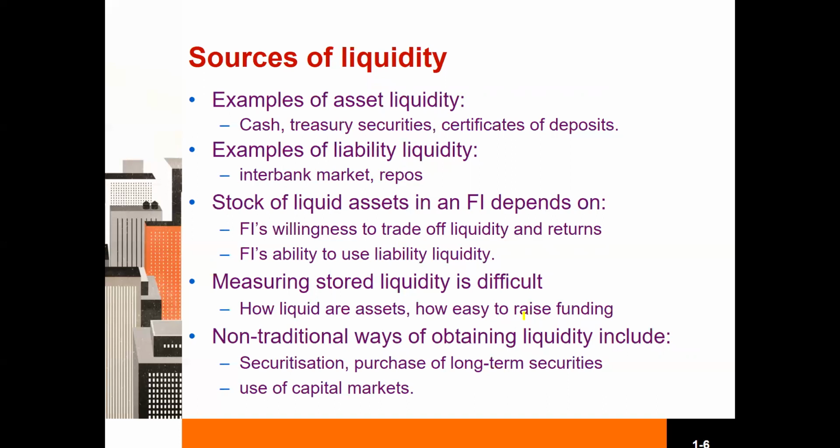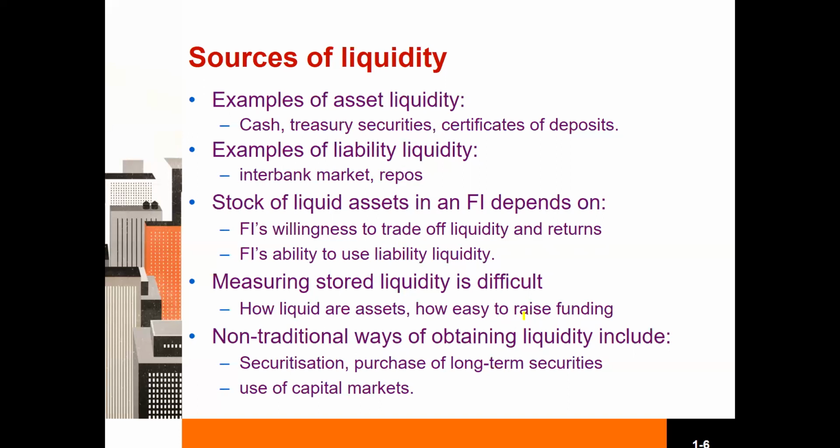Generally, assets are considered highly liquid if they are of high credit quality and either of short maturity or very marketable with little chance of loss of value. However, such assets usually offer depository institutions low returns. Hence, the stock of liquid assets held on a depository institution's balance sheet will depend on two things.